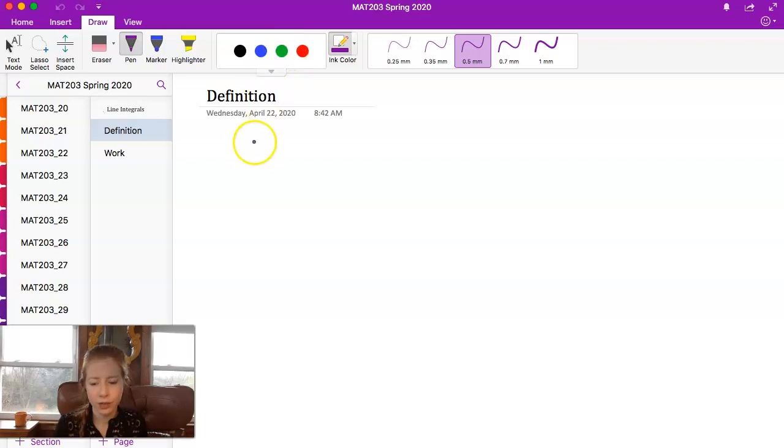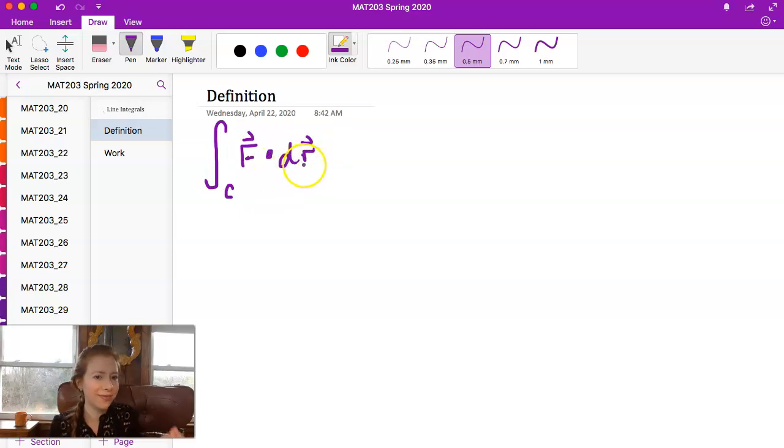By definition, we're integrating, and now we have a C down here, which denotes that we're integrating along a curve, of some force field dotted with, or some field, it doesn't have to be a force field, I'm just used to that because of physics, dotted with your position vector, or the incremental, a small little change in position you can think of it as.